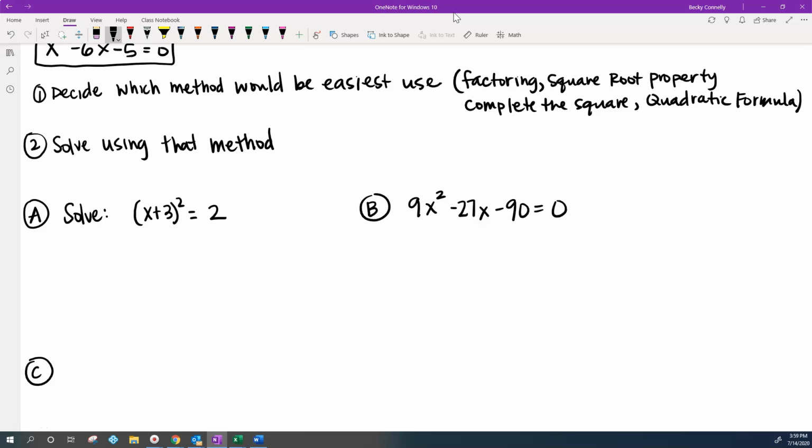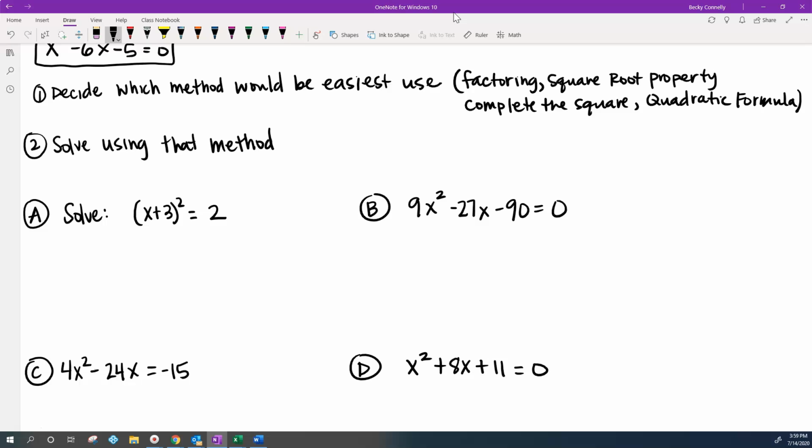Part C. And part D. Let's try. Okay, so go ahead. All right, you're solving on all of these.